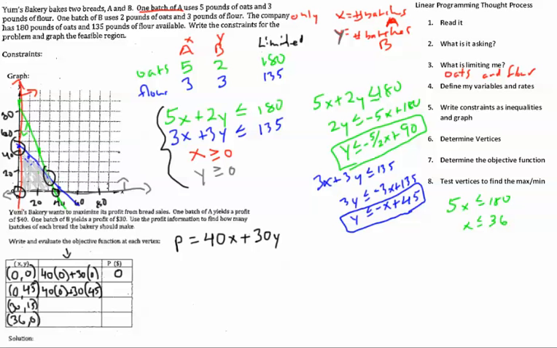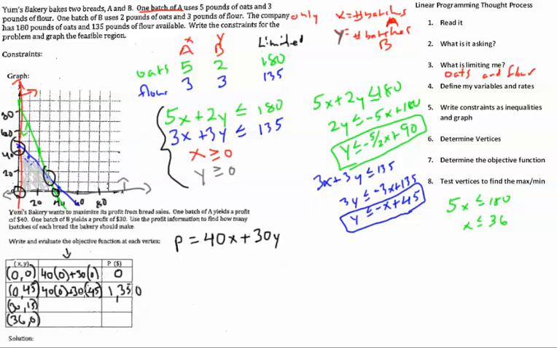Got my little calculator off screen here to make sure that I'm not messing you guys up. 30 times 45 is 1,350. So I've got $1,350 in profit for this combination.